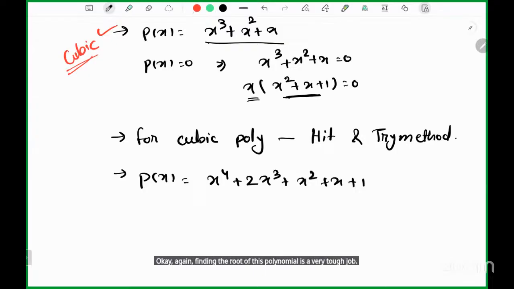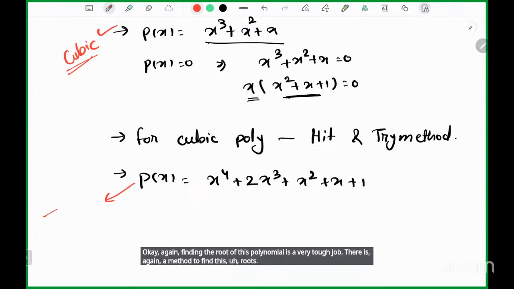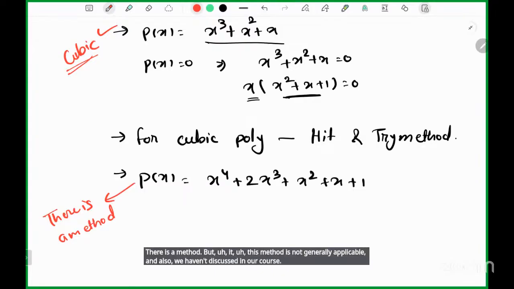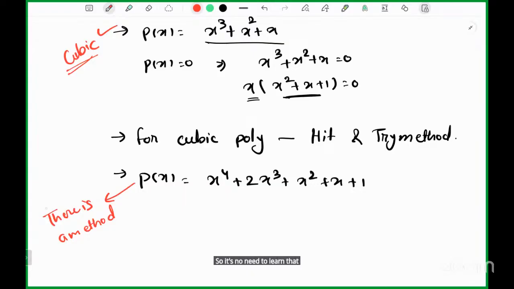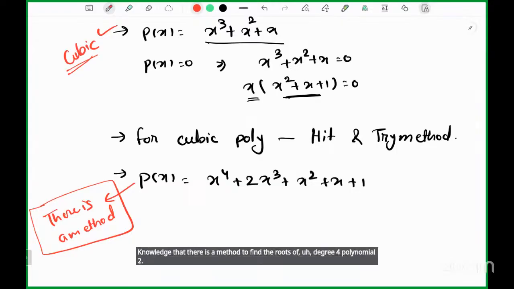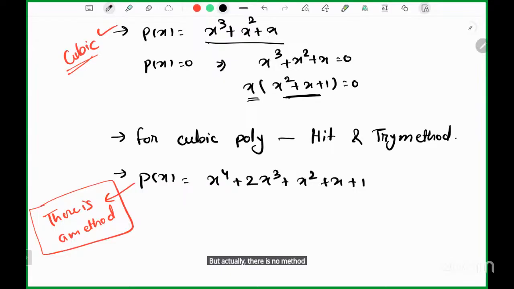There is again a method to find these roots, but this method is not generally applicable, and we haven't discussed it in our course, so it's no need to learn that. I'm just saying, for the sake of knowledge, that there is a method to find the roots of a degree 4 polynomial too. But actually there is no method, or it's nearly impossible, to find the roots of an x to the power 5 type polynomial, that is a degree 5 polynomial.